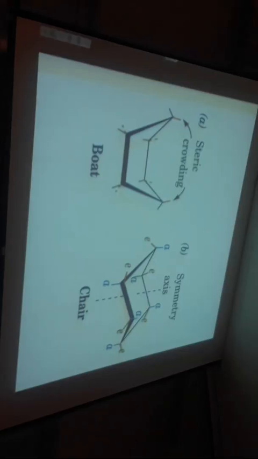As you may remember from organic chemistry, if we have bulkier substituents, it's sterically, thermodynamically more favorable to place these substituents in equatorial position. Okay, so we minimize steric interference with other substituents.